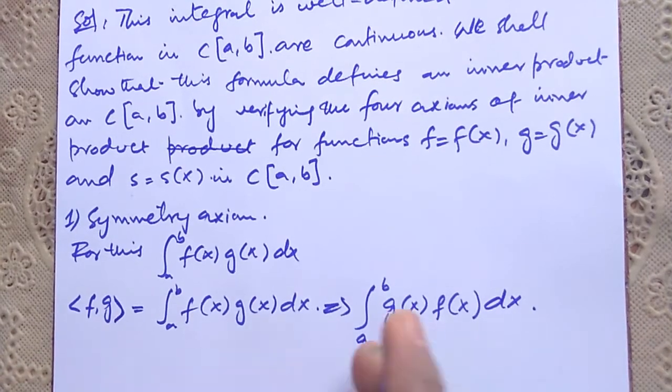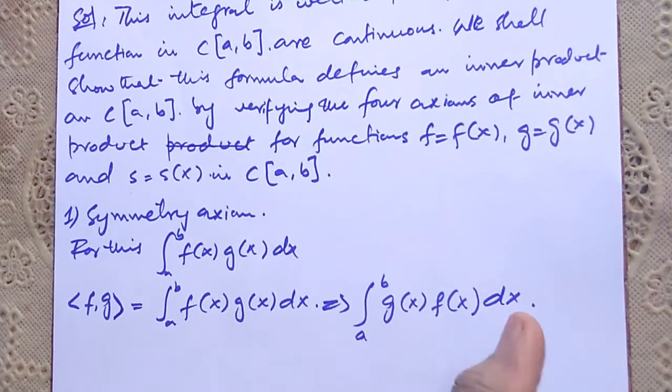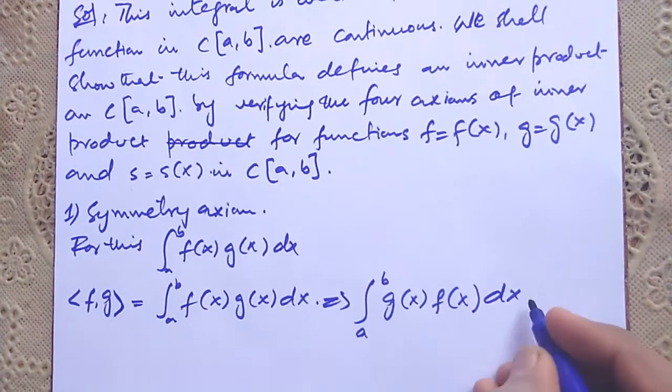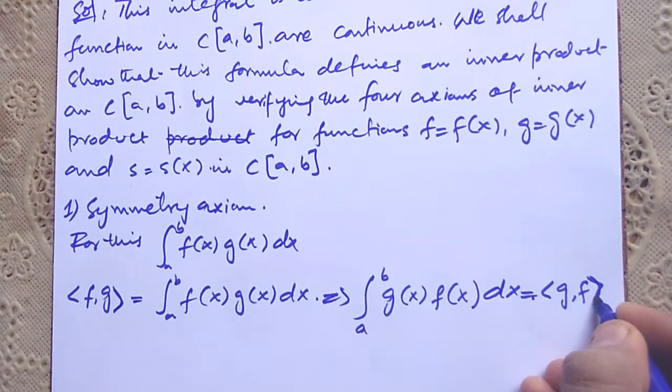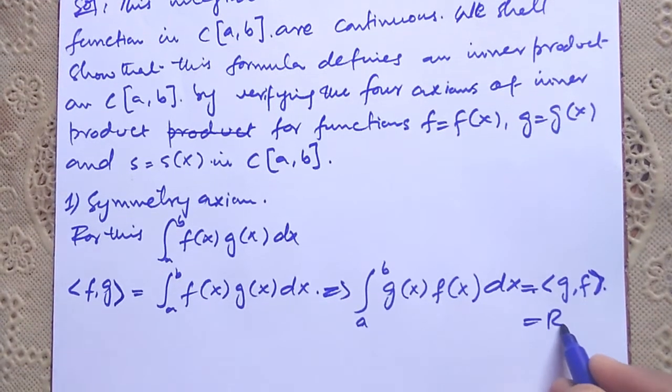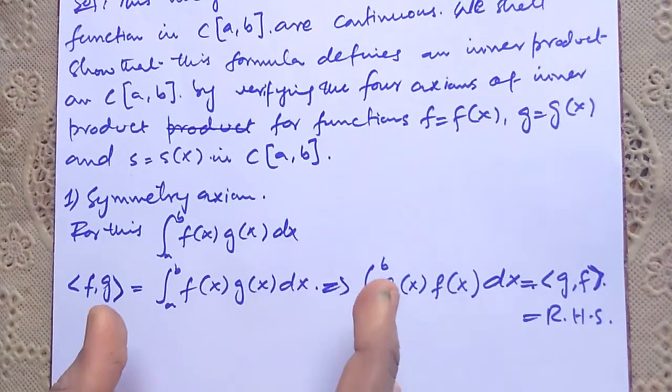So you can write this integral as g of x times f of x, and it is equal to the product of g and f, right? And it is equal to the right hand side. It means the symmetry axiom holds.